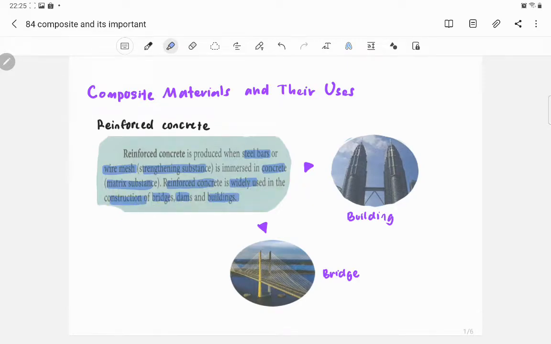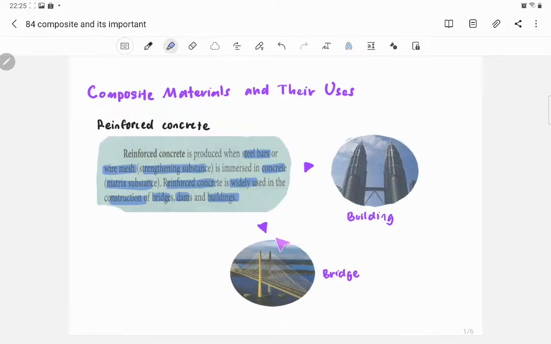You can see the example. I show you a picture. This is KLCC Tower in Kuala Lumpur. A part of the building is actually made from reinforced concrete, so that's why it is long lasting and still exists until today.